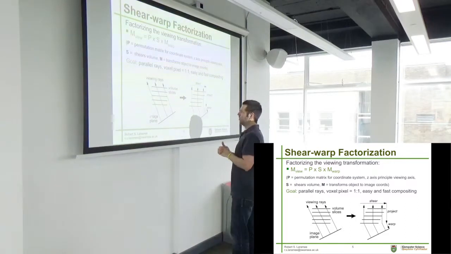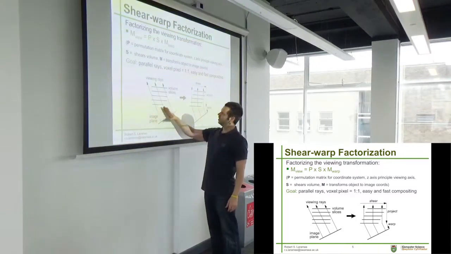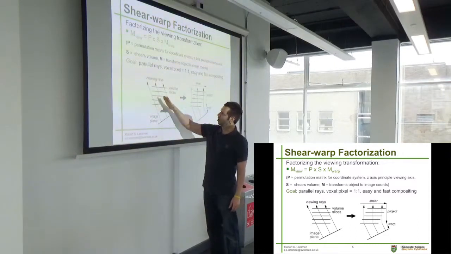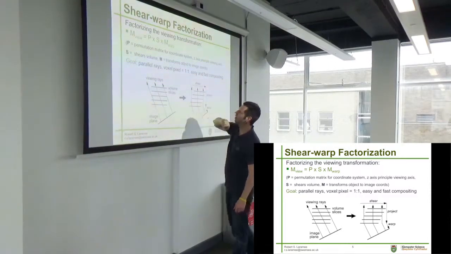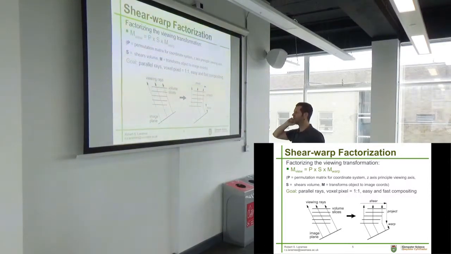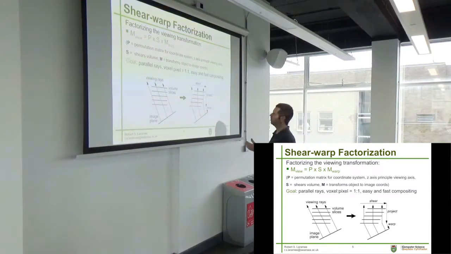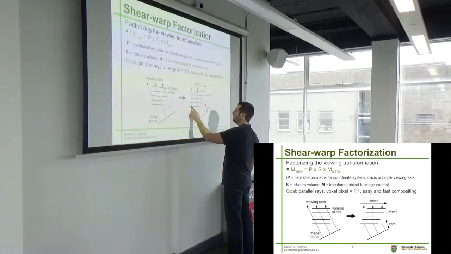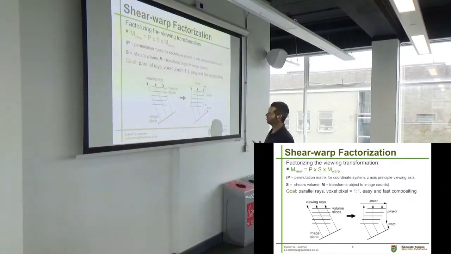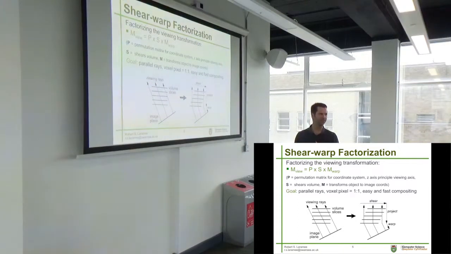Well, the idea here is, instead of the ray hitting the volume at an arbitrary angle and resulting in lots of interpolations along the way, it could be 7 trilinear interpolations for a single sample, to shear the data, or shift the data. This is a shear operation, and you slide it and lean the whole thing over, such that the rays are perpendicular to the data samples to simplify the interpolation.